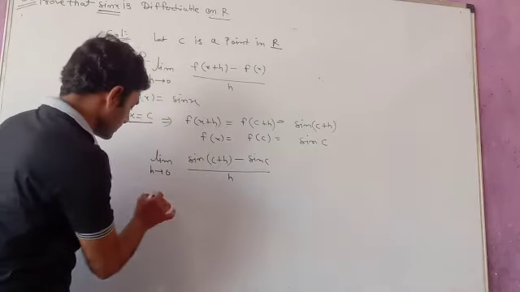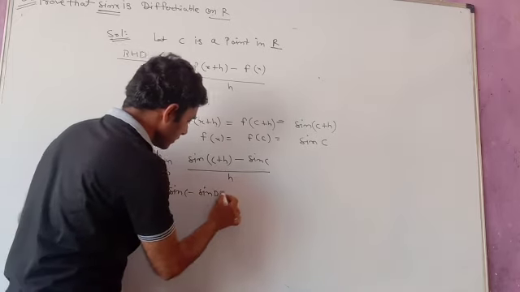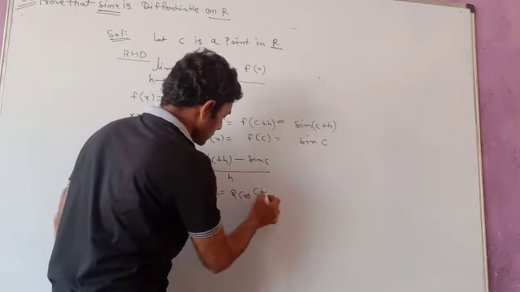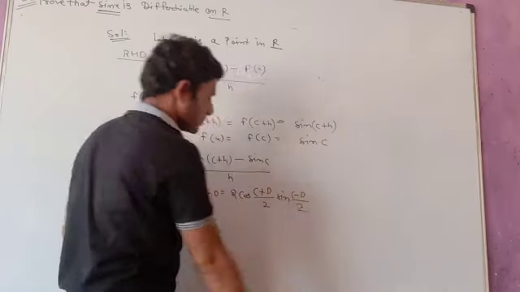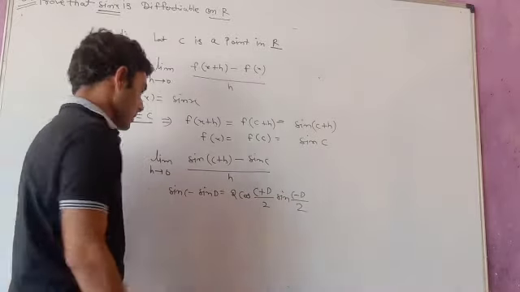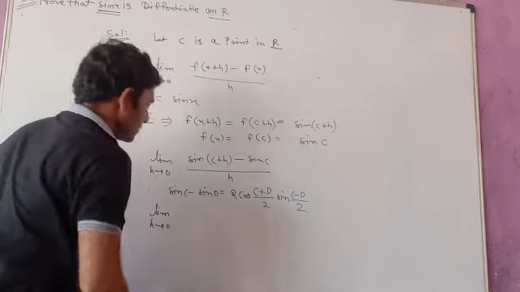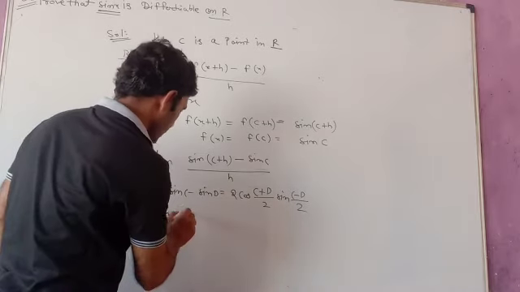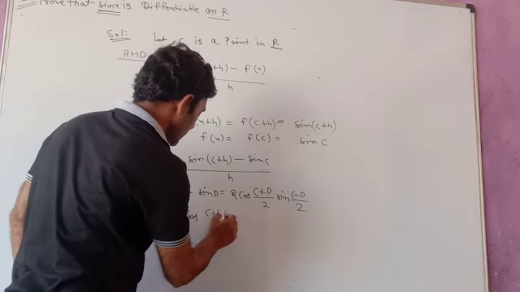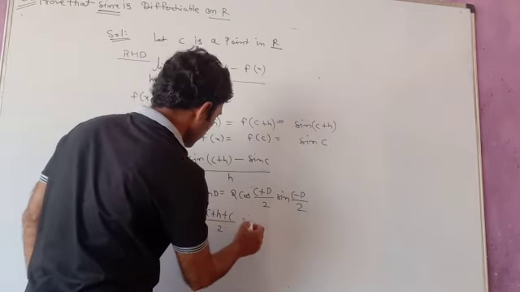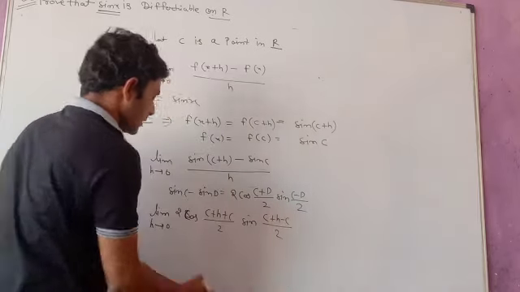We know that sin C minus sin D is equal to 2 cos((C plus D) upon 2) sin((C minus D) upon 2). Okay, let's calculate it. Limit h tends to 0 of 2 cos((c plus h plus c) upon 2) sin((c plus h minus c) upon 2) divided by h.